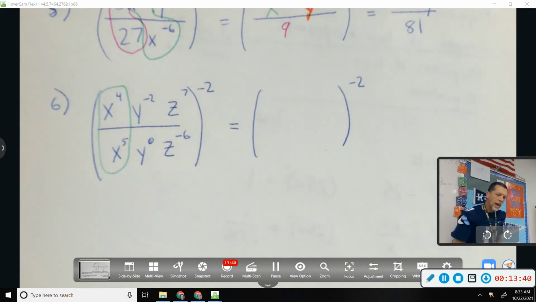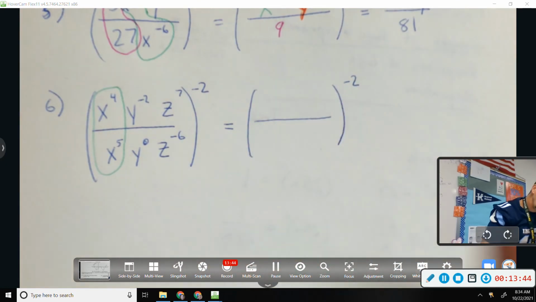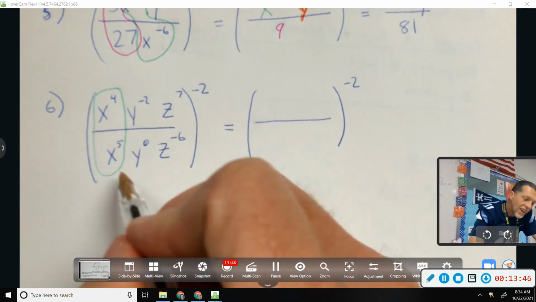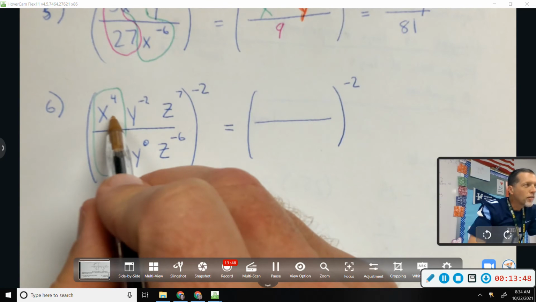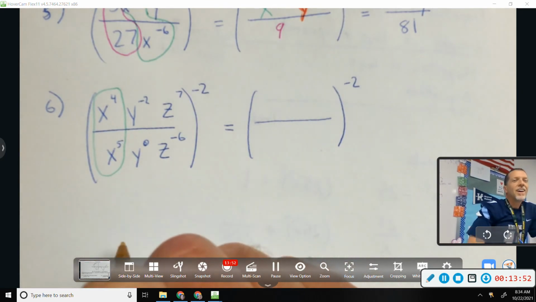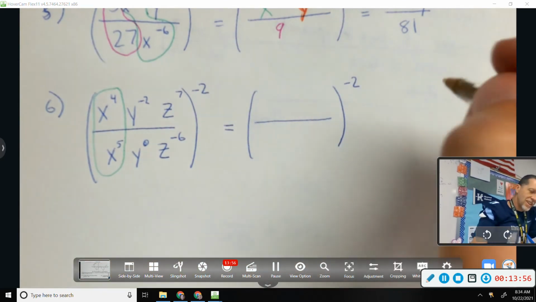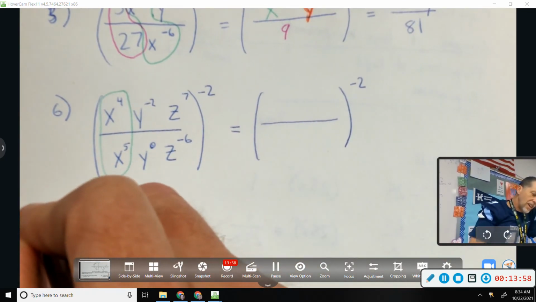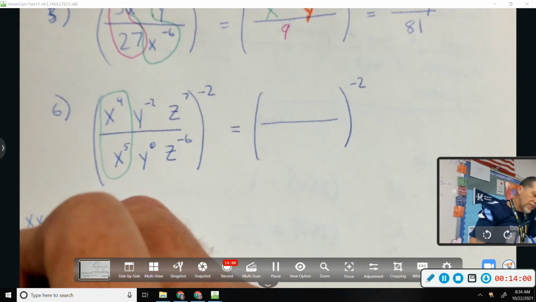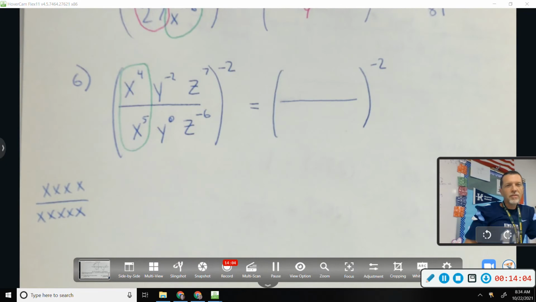So, what do we have in terms of x's? I have 4 of them in the top and 5 of them in the bottom.